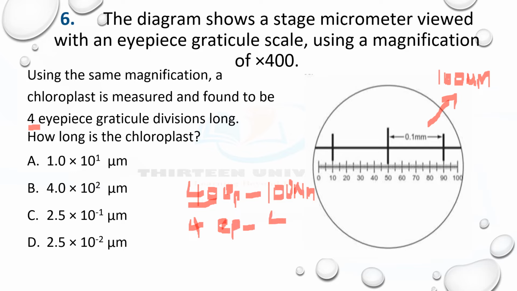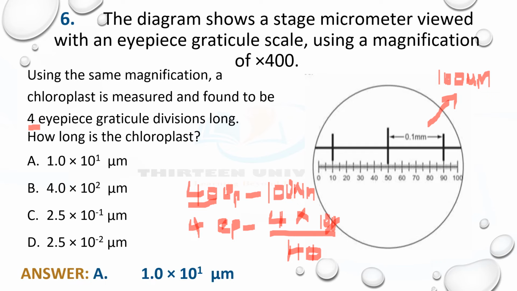That will be 4 times 100 all over 40. Of course, this cancels that, and that will give us 10. This is 10 micrometers. Which option do you think is the answer? The answer is A.